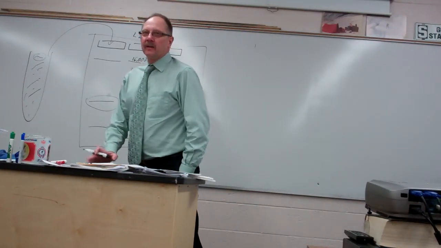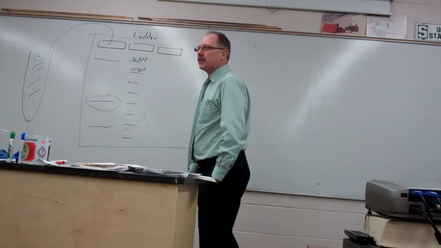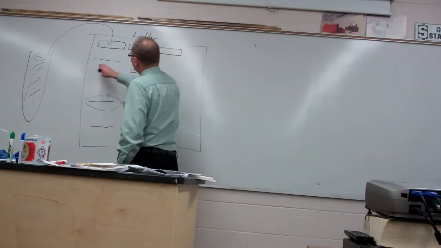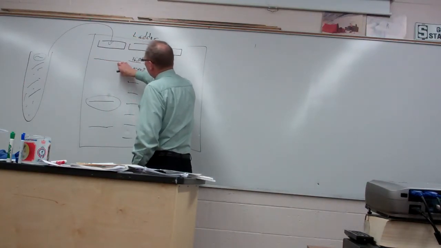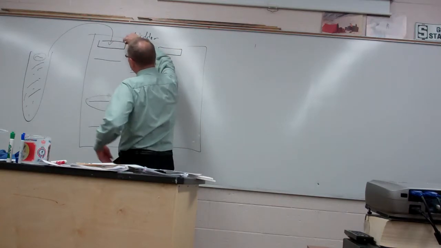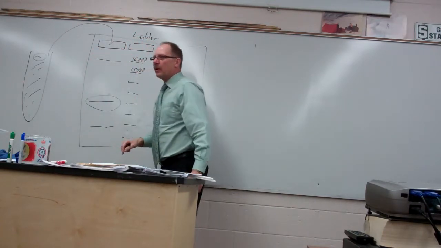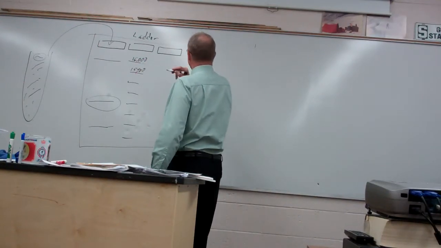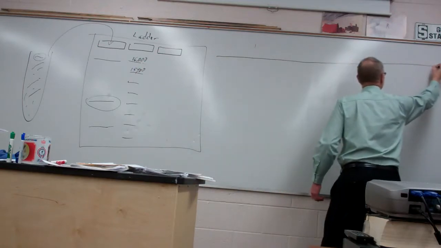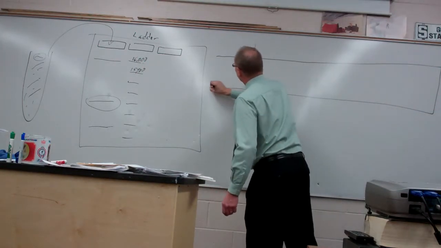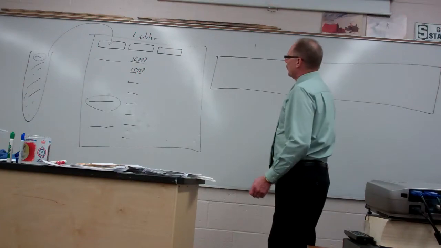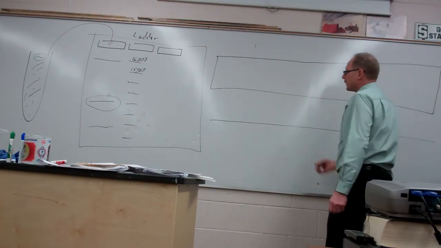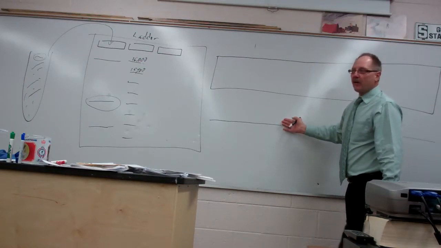Just a little reminder: some students are sometimes confused as to why the band is always the same width as the well. I think I explained this once in 10th grade. If this is our well, let's just make it big, and we get a band that's as wide as it, that doesn't mean the DNA was that wide.